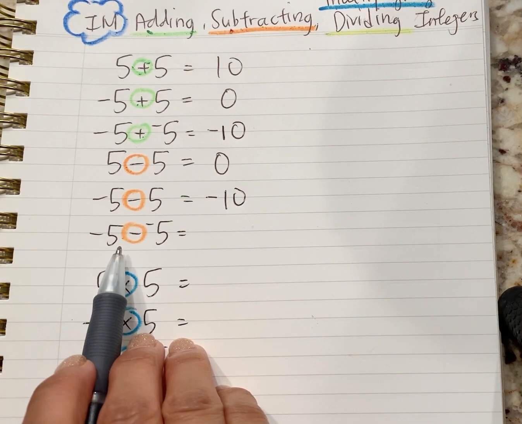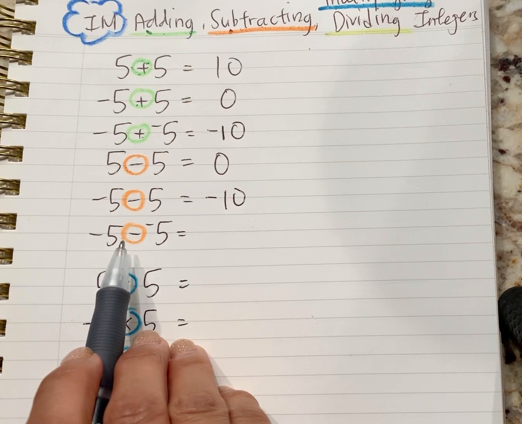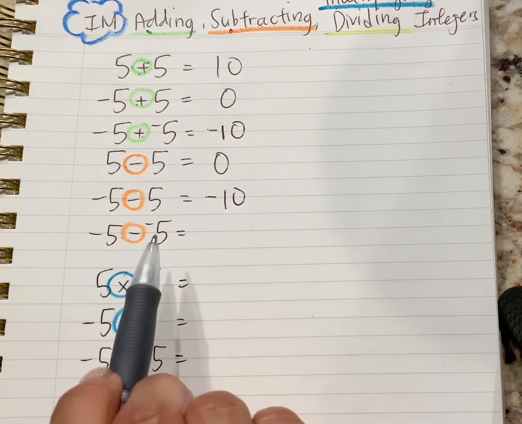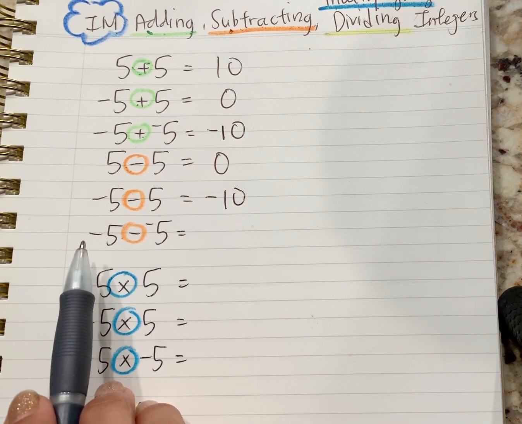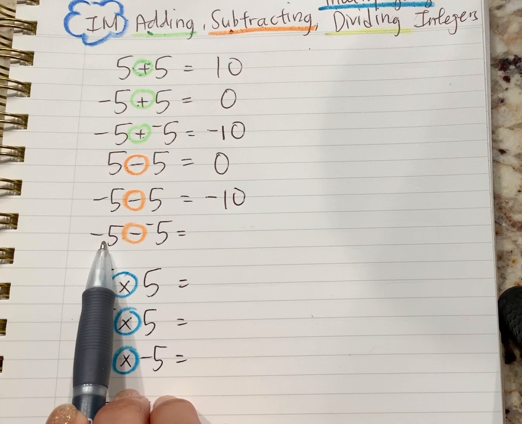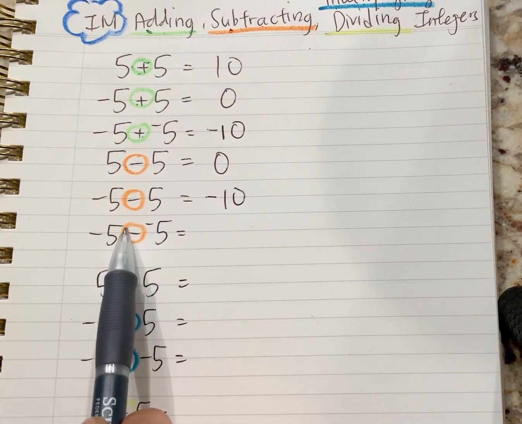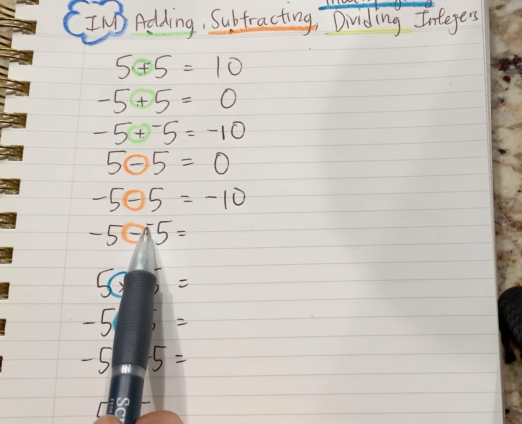This next one is the one that a lot of you had trouble with in the beginning, and most of you were okay with it by the end of the unit, but pay attention here. This says negative 5 minus negative 5. So if we use the money example, you have $5 in debt, and your super awesome friend named Melody says, hey, I'll take away, or I will subtract, $5 of your debt.